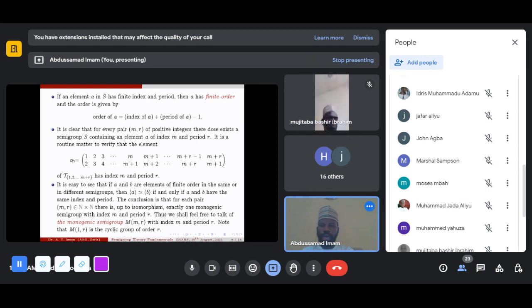You will see that alpha M will be equal to alpha M plus R, so that the map will have index M and period R.